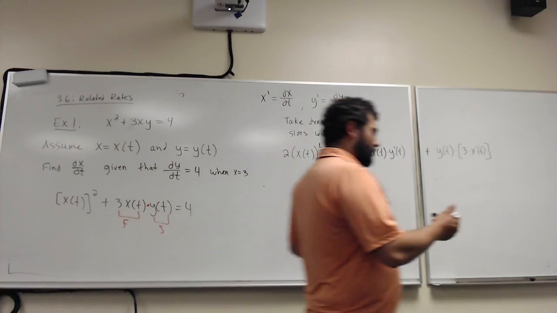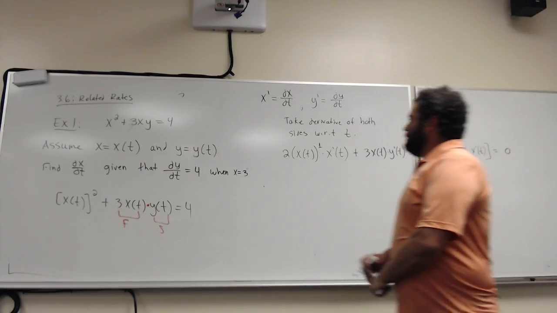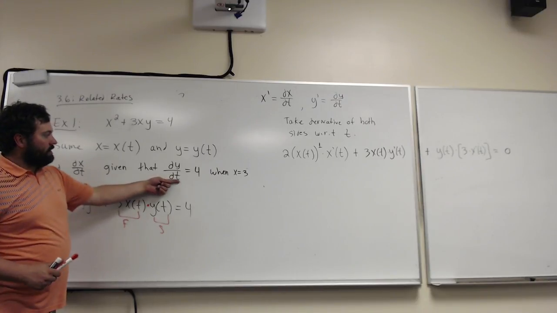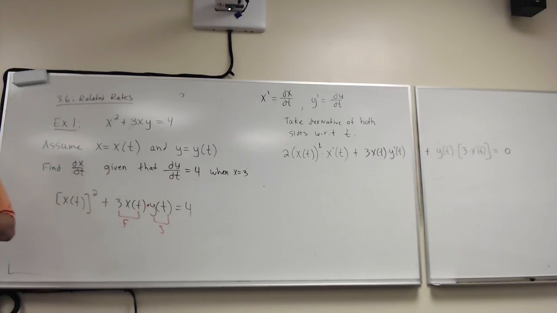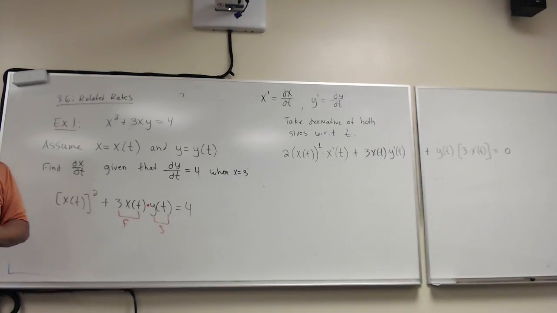And then the derivative of the right-hand side is just 0. Okay. Now, I'm going to convert this back into x's and dx dt's. The reason this notation is more useful is it tells you what your variable is changing with respect to, right? These quantities are changing over time. If you just write x prime, that information is lost.